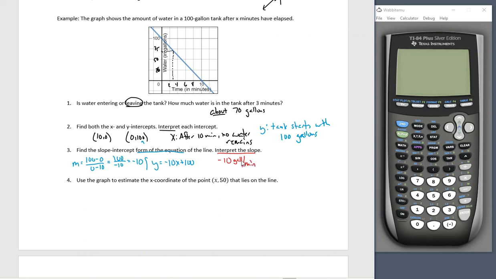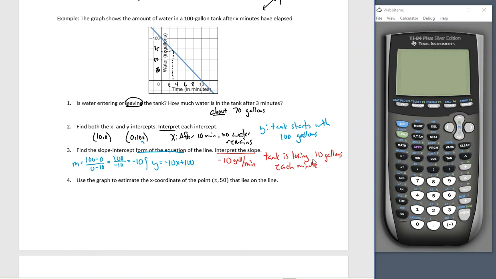So the negative 10 gallons per minute means the tank is losing 10 gallons each minute. Whether it's being drained, it has a leak, it's coming out, we know that much for sure.